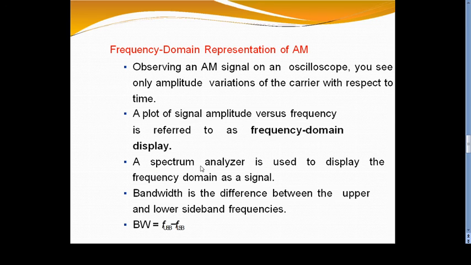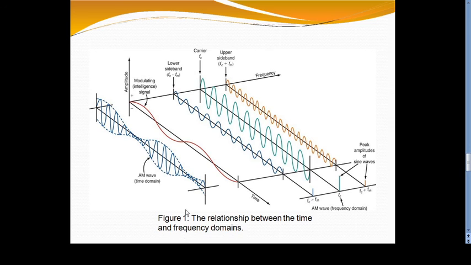A spectrum analyzer is used to display the frequency domain of a signal. Bandwidth is the difference between the upper sideband and lower sideband frequencies. What is the relation between time domain and frequency domain? The time domain is a convolution of the frequency domain.